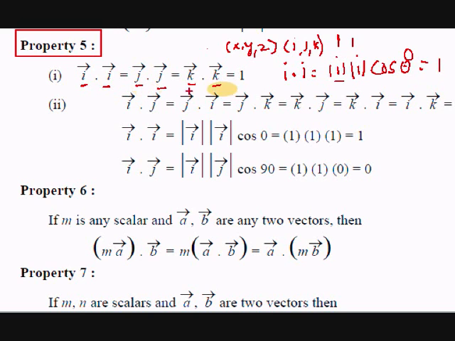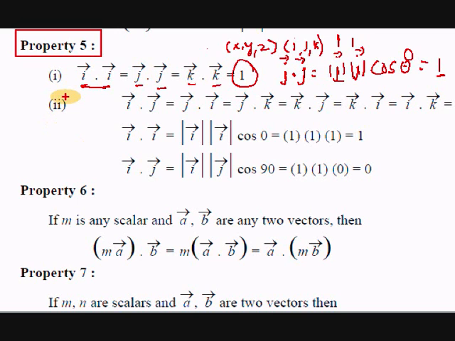In the same way, replacing i with j, the magnitude of j, since we know it's a unit vector, the magnitude is 1, hence the value is going to be 1. So the dot product of any unit vector with itself is always 1. That's the inference. That is the property.